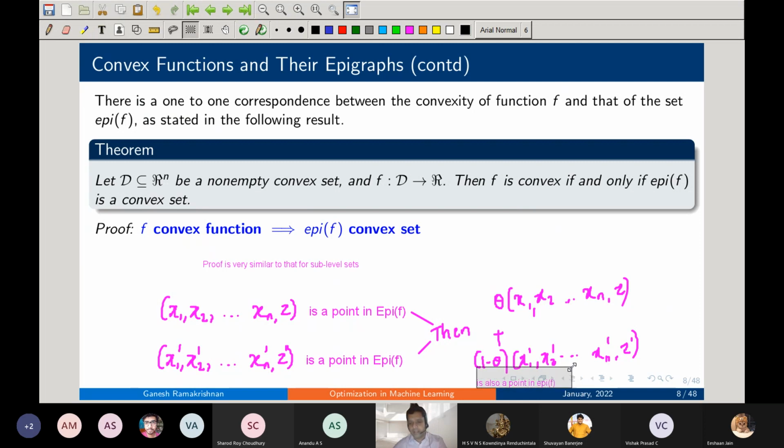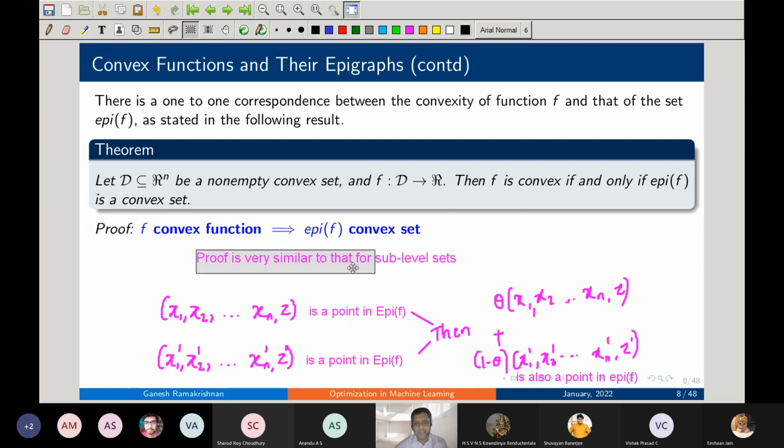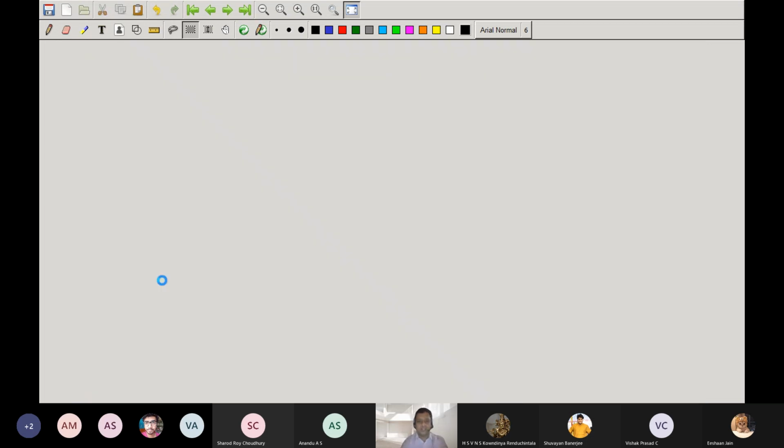That's the proof idea, and in this last step it's very similar to that for sublevel sets.